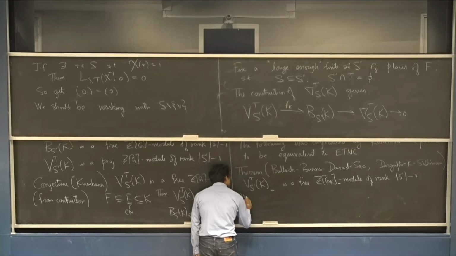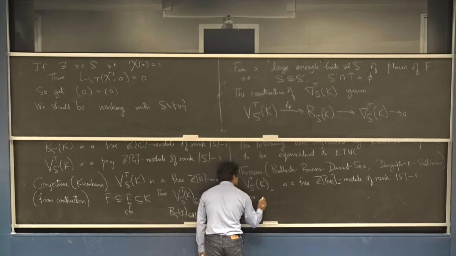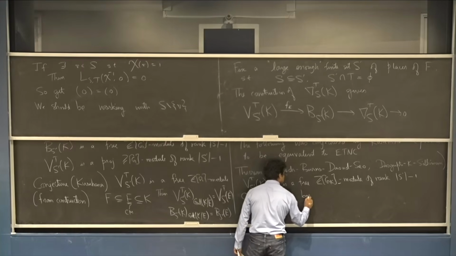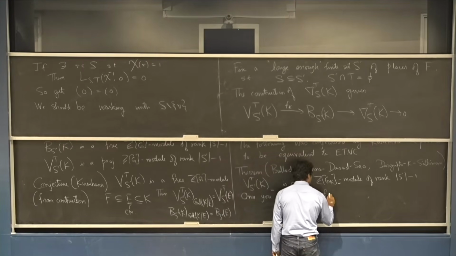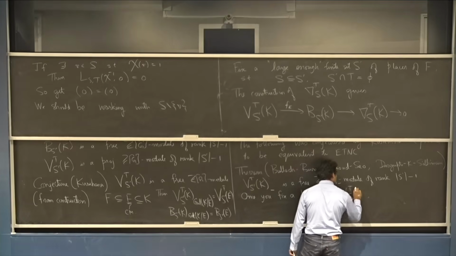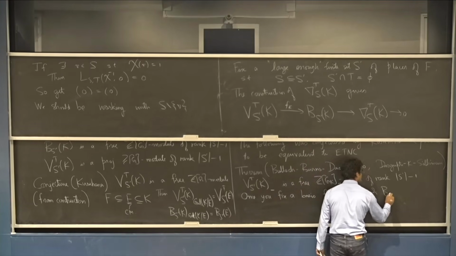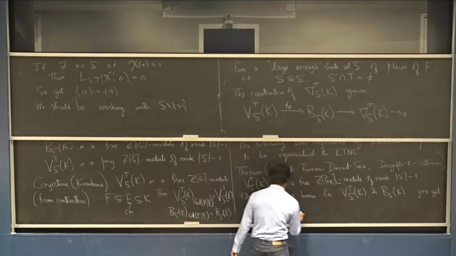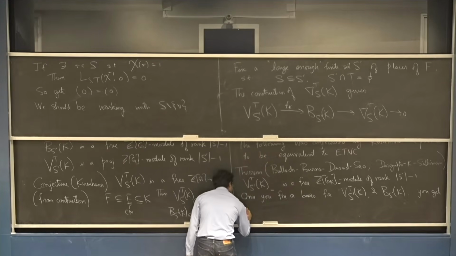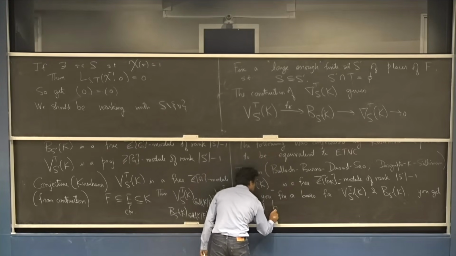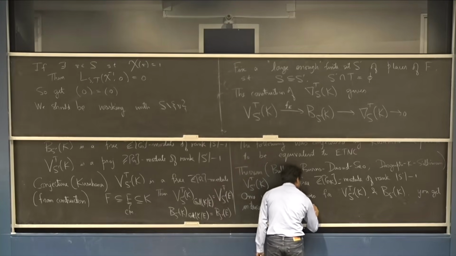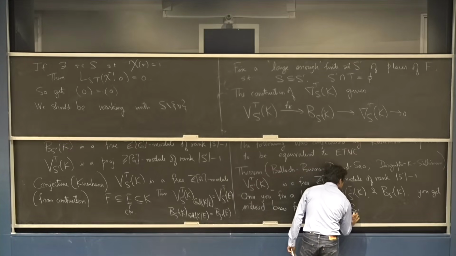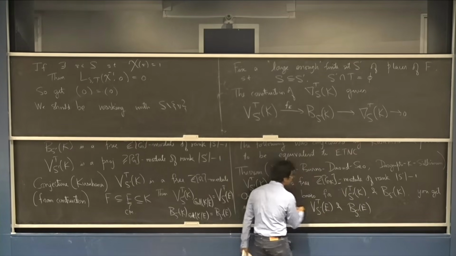So once you fix a basis for V_K and B_K, you get induced bases for V_E and B_{S prime}(E), because the rank doesn't go down, right?